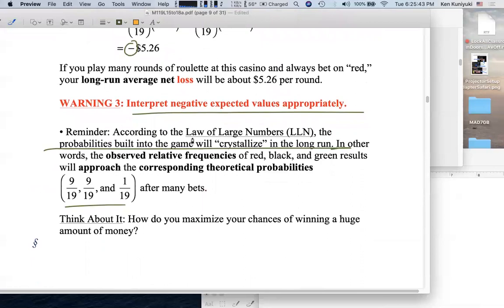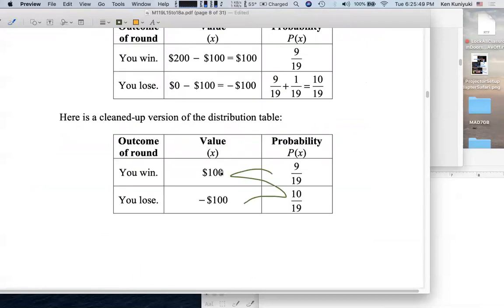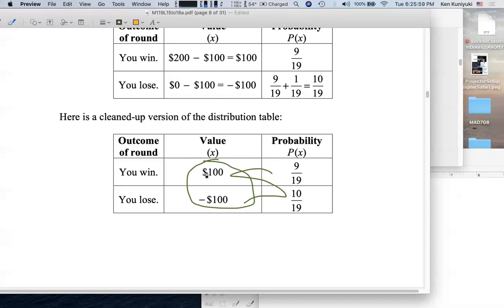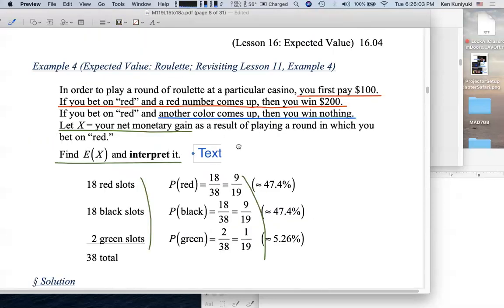Now, because the probabilities will crystallize in the long run, and because this payoff structure actually works against you, remember, a fair payoff would allow you to win a bit more than $100 if the expected value is truly to be $0. For a fair game, that is a fair payoff, the expected value of X should be $0.